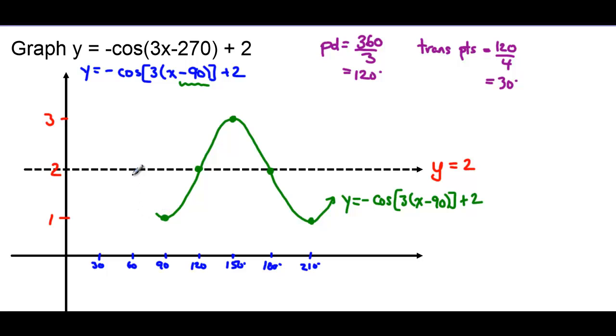So if it's at the bottom, it's now going to reach the middle, and then 30 degrees later it's going to reach the top, and then 30 degrees later it's going to go back to the middle. And if I continue the curve through that point, up and around here, and then back to the middle, what you can maybe notice is that this curve starts on the y-axis at the middle and then transitions up to the top, just like a sine curve would.